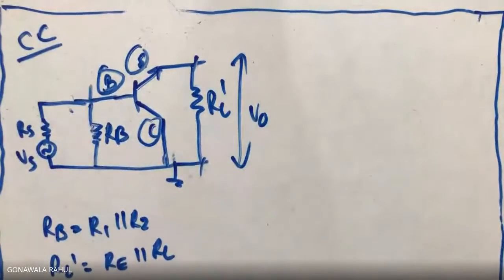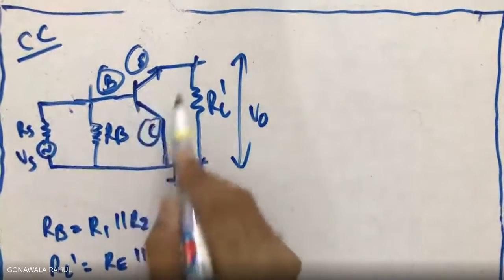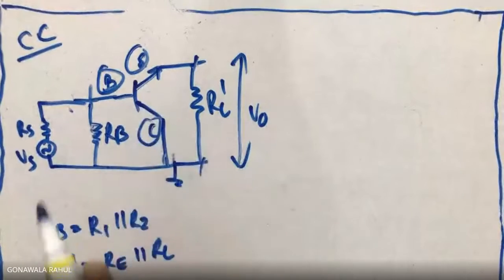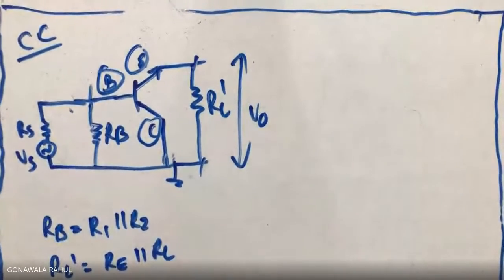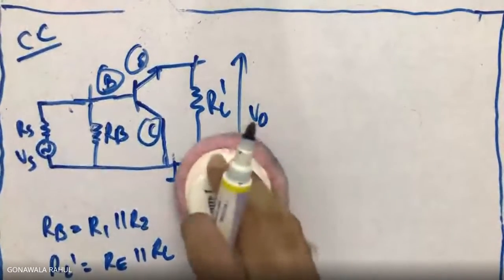So moving ahead. Now step number 2 is to replace the transistor by its equivalent hybrid h-parameter circuit. So I am doing that. I am drawing its equivalent circuit now.